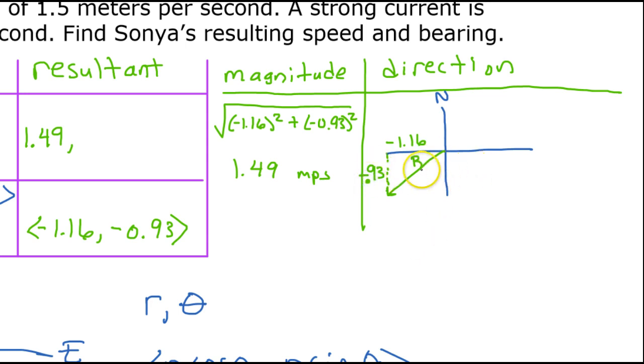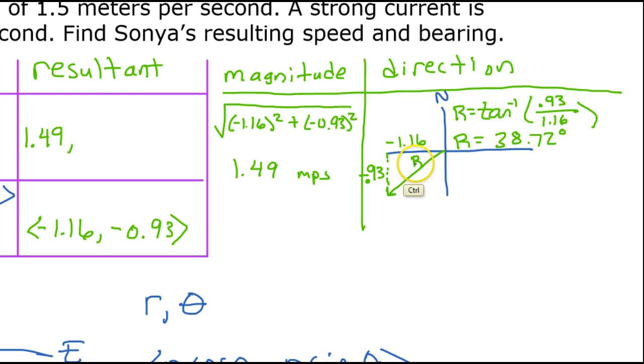So if I want to find r, I could use tangent. So let me just skip to the part where we say the inverse tangent. The measure of angle r is going to be the inverse tangent of 0.93 over 1.16. That's 38.72 degrees. I just put that in my calculator.